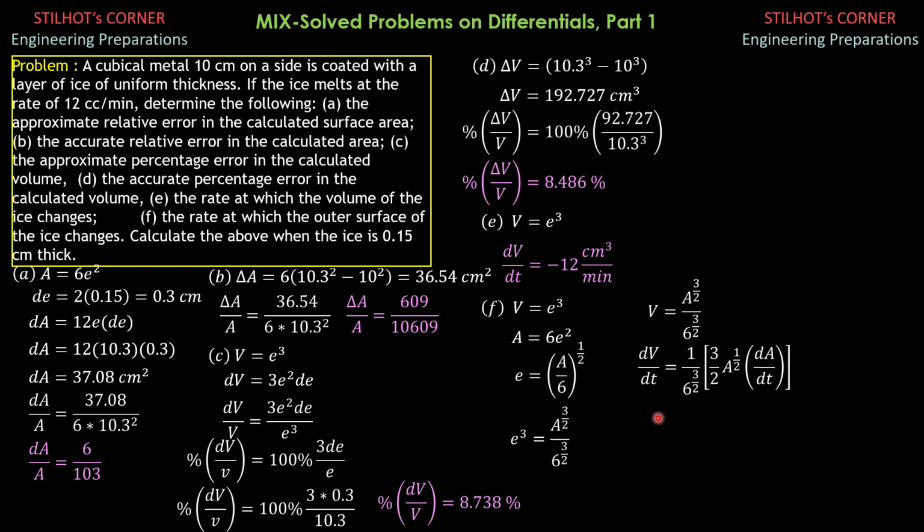So dV/dt, which is negative 12, equals 1 over 4 square root of 6, then area, 6 times 10.3 squared, quantity to the 1/2, times dA/dt. Calculating dA/dt, it is negative 4.660 square centimeters per minute. So that's it for this video.